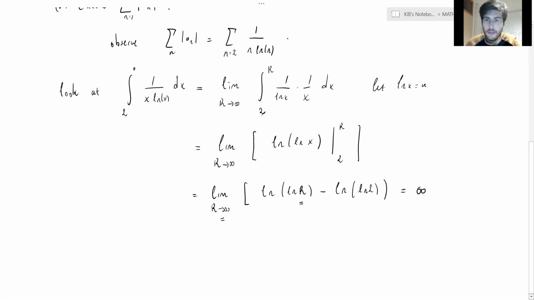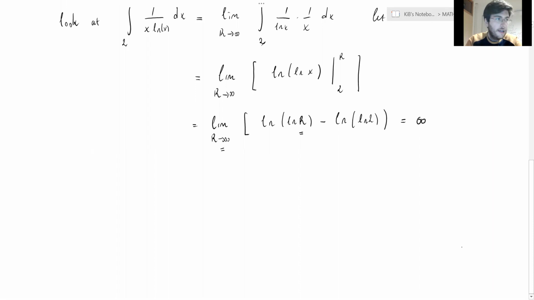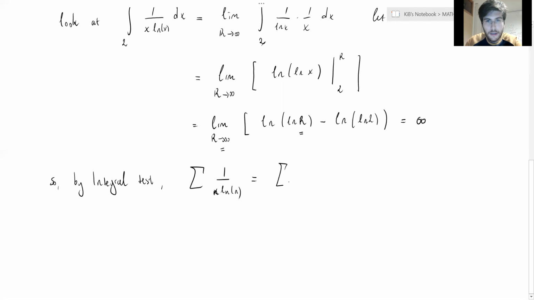The corresponding improper integral diverges. Therefore, by the integral test, the corresponding series, the sum of 1 over n ln n, which is exactly the series of absolute values of a_n, is divergent as well.